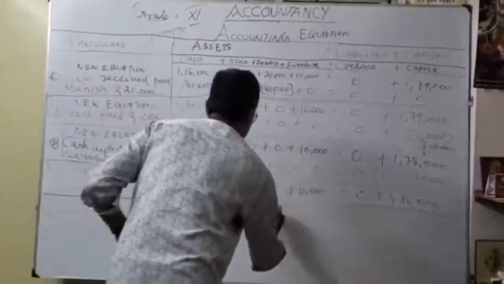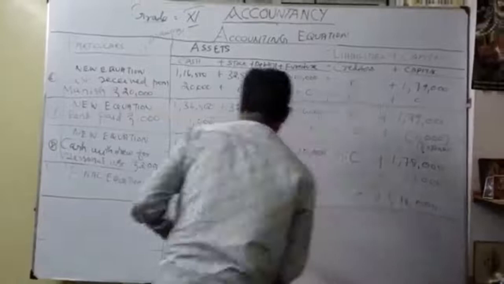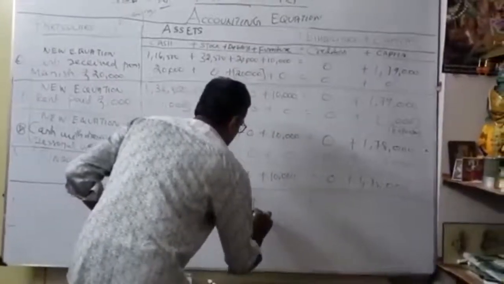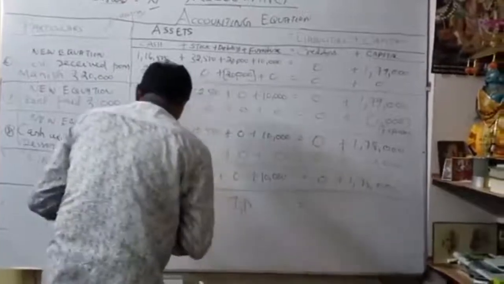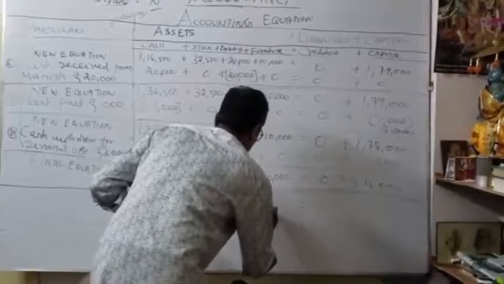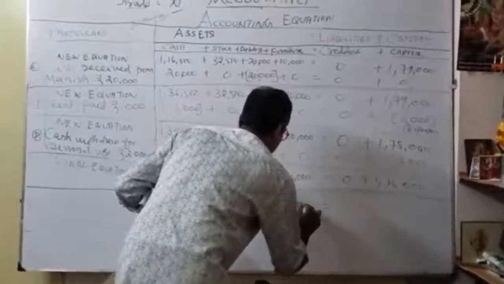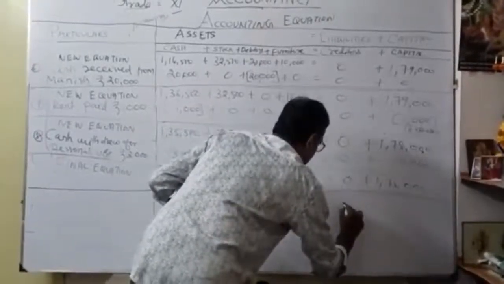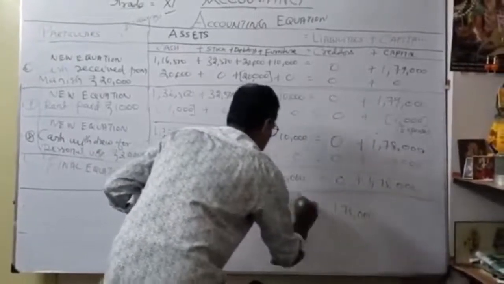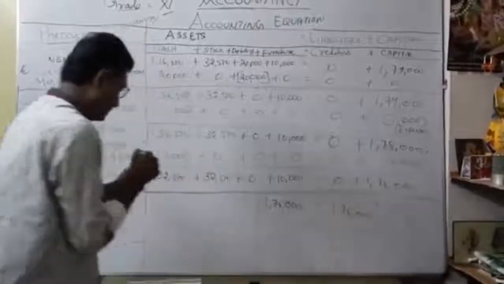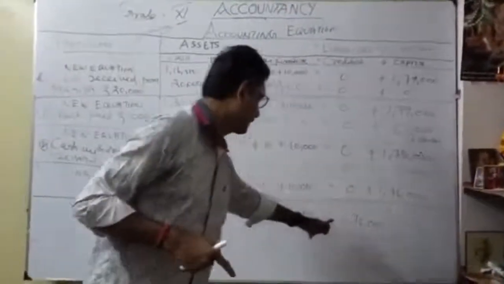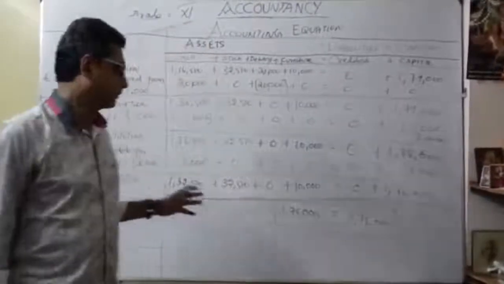If you write both sides and total them, the assets become 1,75,000. My liabilities plus capital also become 1,75,000. That's our answer. Both sides, assets is equal to my capital plus liabilities, 1,75,000. The assets are also 1,75,000. Now understood?